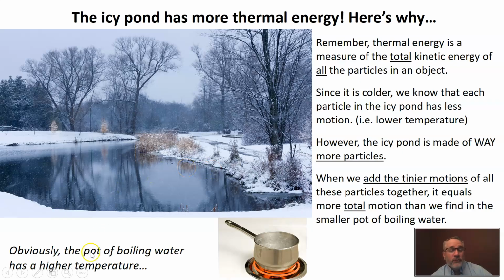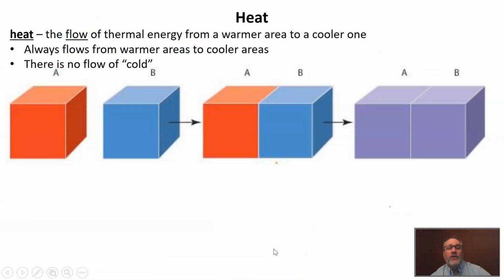Now, clearly, it is true that the pot of boiling water has a higher temperature, but something that is much larger, that is made from many more particles, is often going to have a lot of thermal energy, even though the amount of thermal energy for each particle may be very tiny. When you add up all those tiny motions for all those particles, it turns out to be quite a bit of thermal energy. So, yes, the icy pond, because it is bigger and has more particles, is going to have way more thermal energy than this pot of boiling water, which only has a higher temperature.